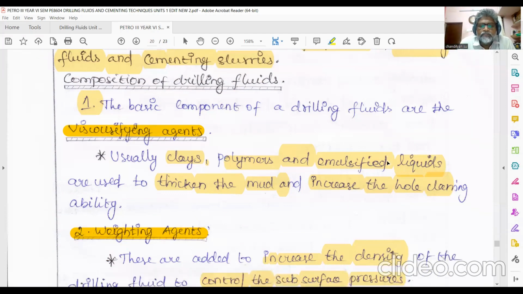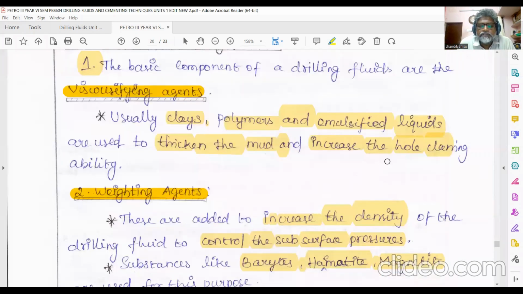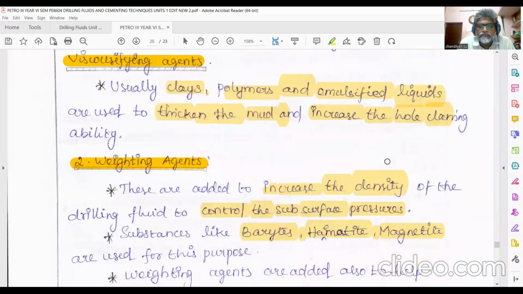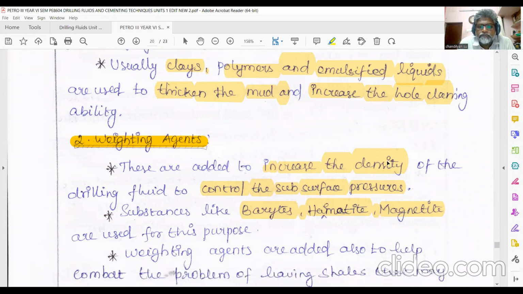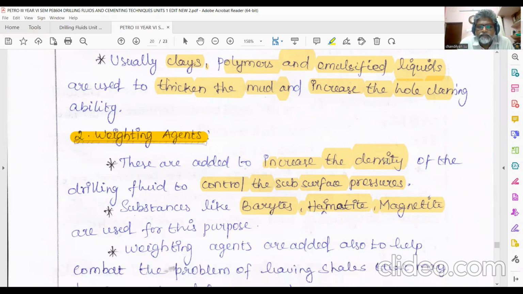Weighting agents. Weighting agents are chemicals added to increase the density, thereby stopping the kick, balancing the formation pressure with the help of hydrostatic pressure, and controlling the subsurface pressure. The chemical is called barite. The spelling for barite is B-A-R-I-T-E-S.